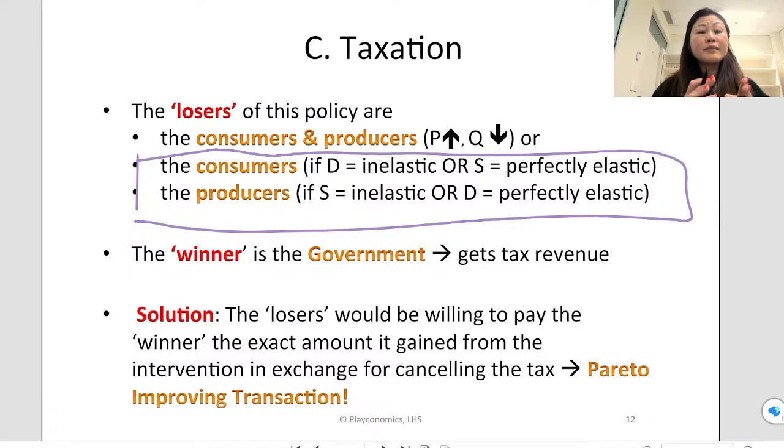Hypothetically, the government taxes sugary drinks. I don't know whether coffee counts. Let's say sugary drinks, okay? To fund health programs. So the government gives $100 million to health advocates, and they are the winners.